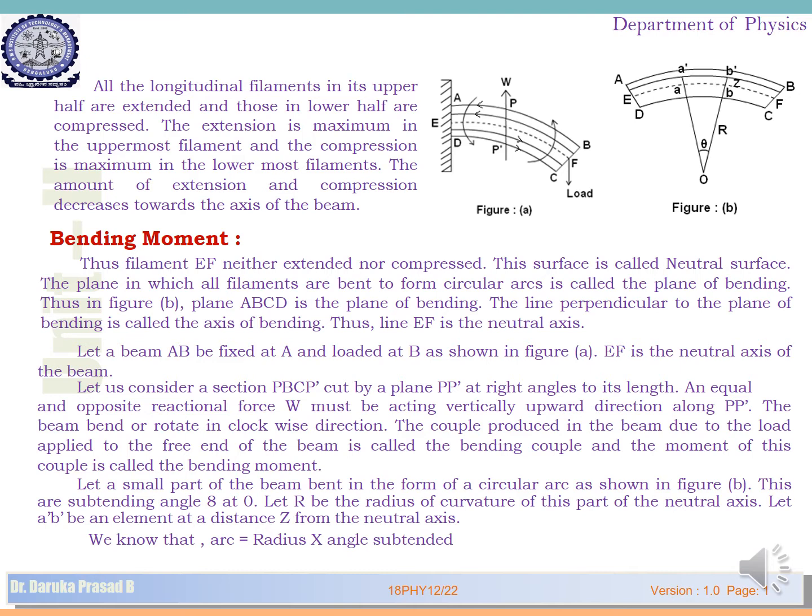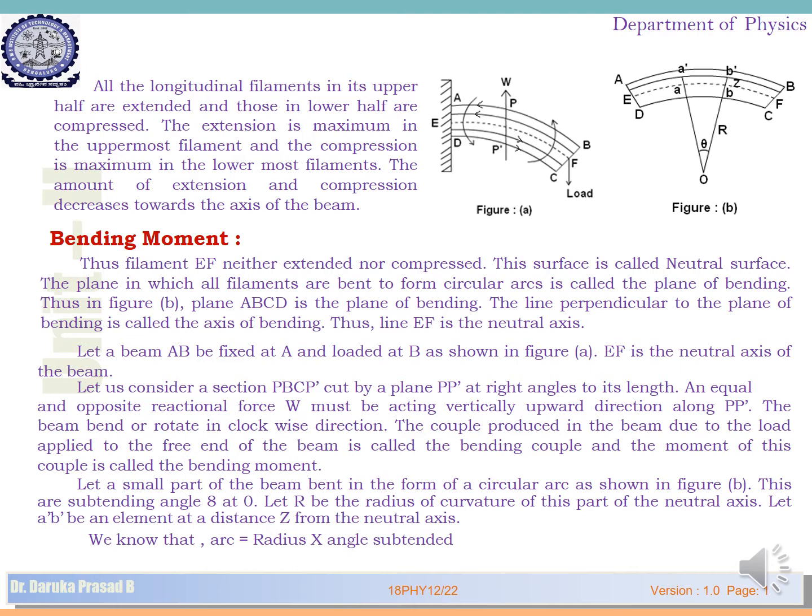This bending will not change the dimensions of the neutral axis EF, whereas above EF, all the planes like AB, or any plane between E to A or F to B, are going to expand. Similarly, between E to D and F to C, they are going to contract. We will take one of the cases, that is only the expansion case.